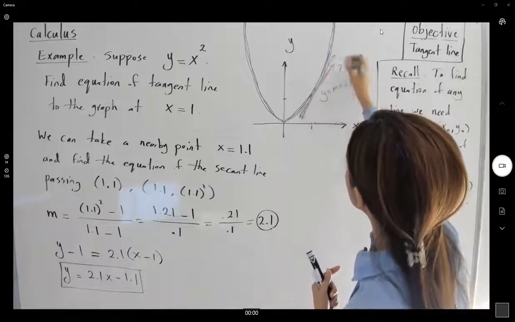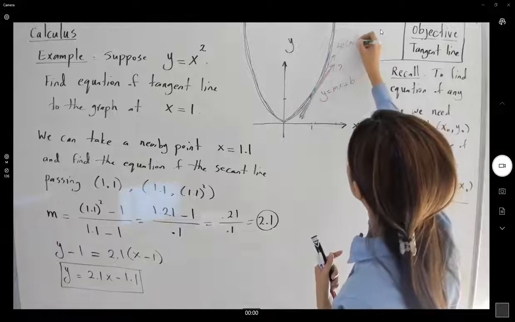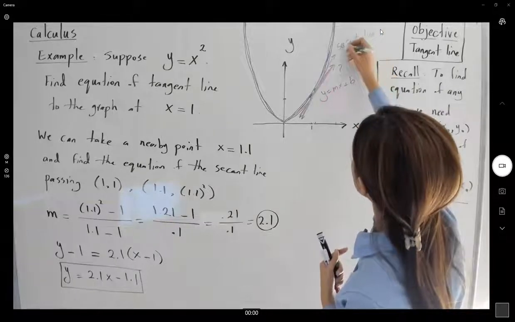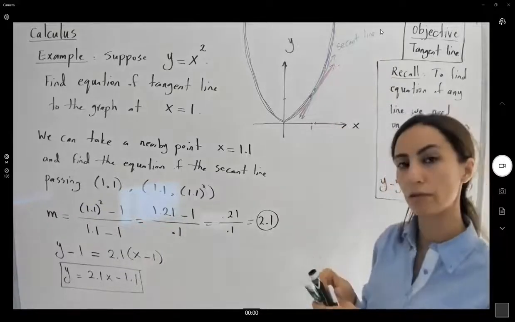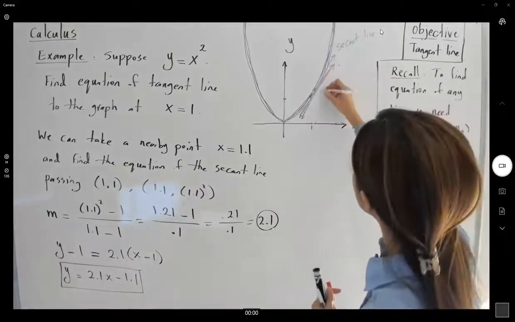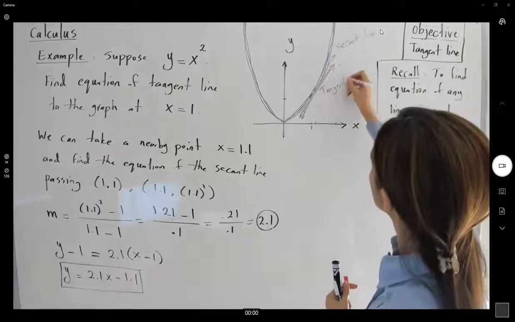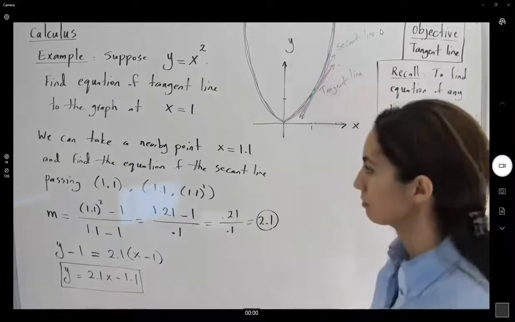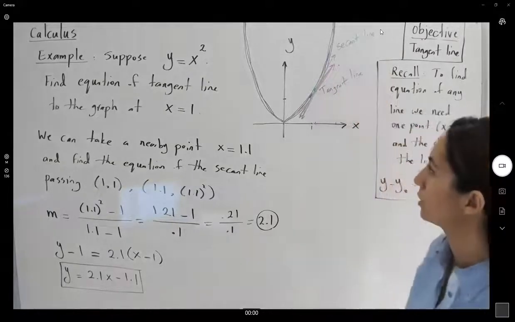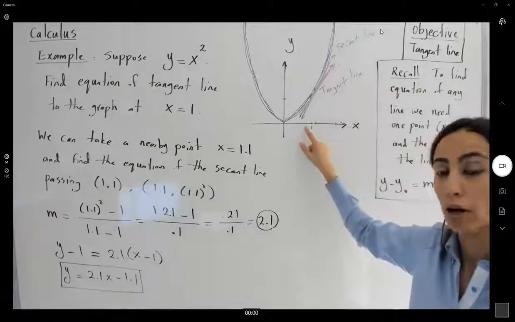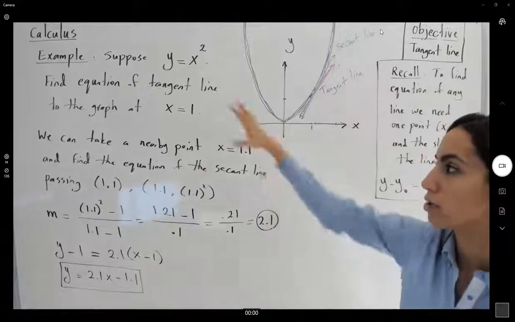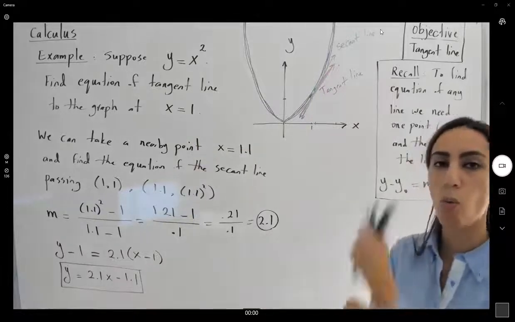This is your secant line, not the tangent line. But they are close enough. You might take another point on the left-hand side, 0.9, and start calculating the whole thing one more time.